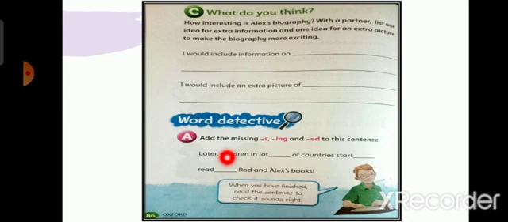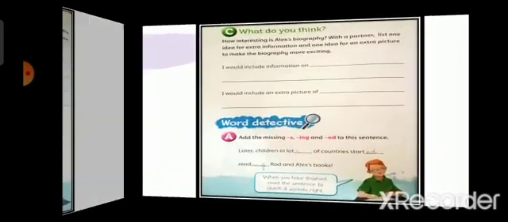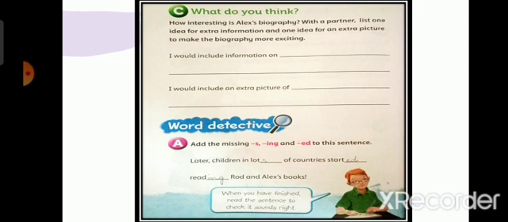So it will become reading. Children in lots of countries started reading Rod and Alex's books. Yes, you are right. You may check your answer. Later, children in lots of countries started reading Rod and Alex's books.